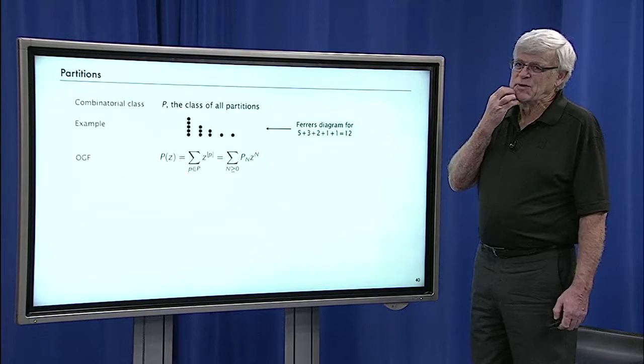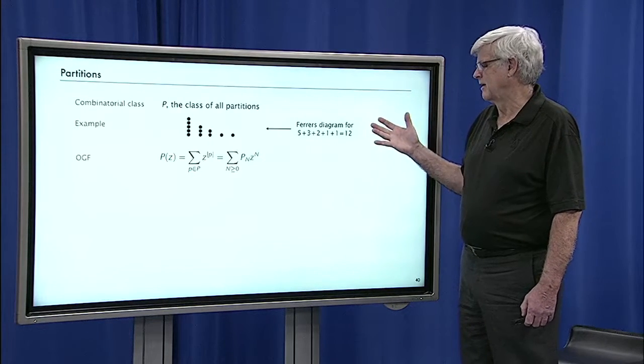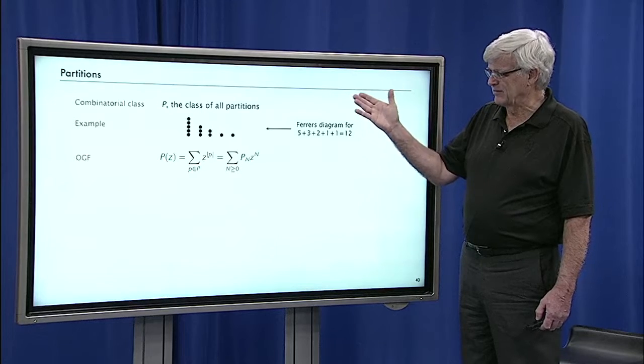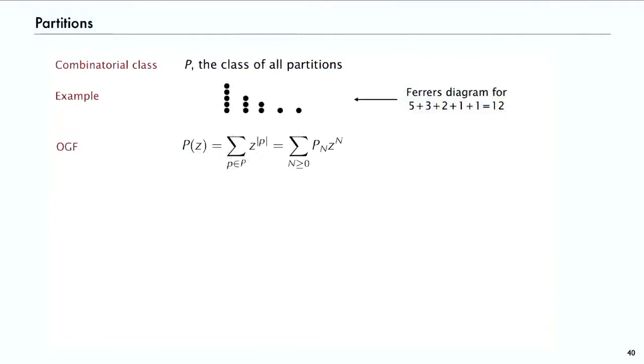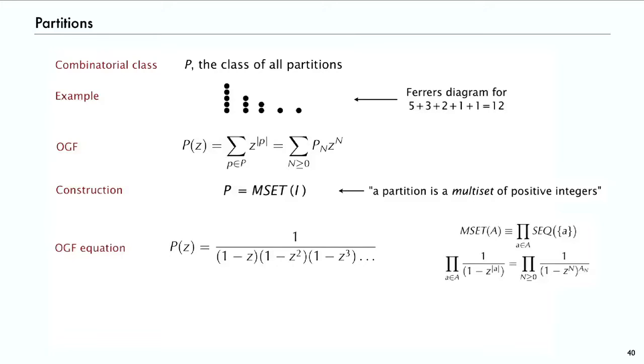So we can do the symbolic method part right here. So if we're going to study the class of all partitions, then for the examples that we just showed, it's simply the case that a partition is a multiset of positive integers. So that means that since there's only one integer of each kind, just directly from the transfer theorem that the symbolic method gives us, we have that expression for the generating function for the number of partitions.